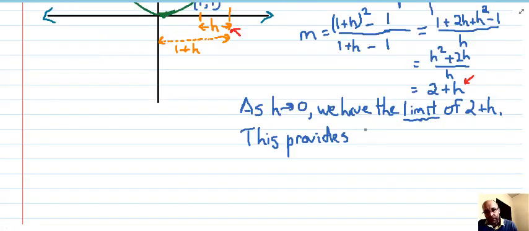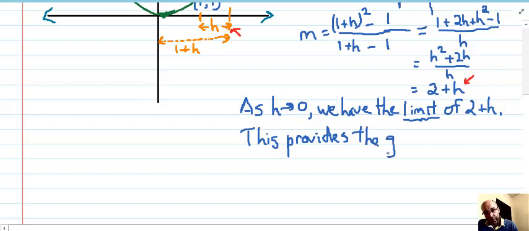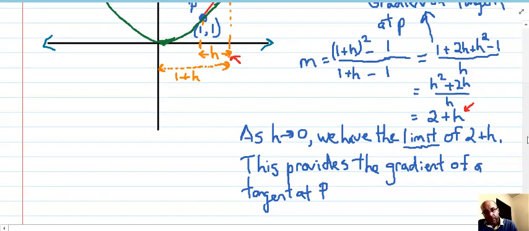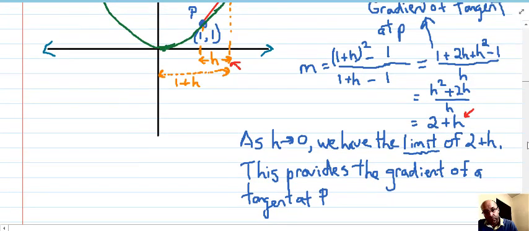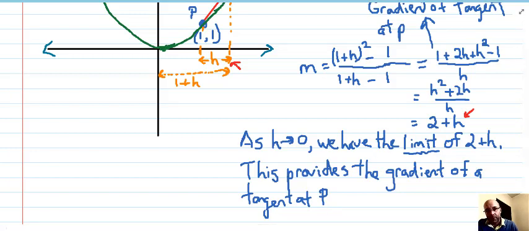This provides a gradient because it's a gradient formula, isn't it? And this provides the gradient of a tangent at P. So we end up with a tangent at P. We don't have to draw it, which is good, because human beings can't draw perfect tangents without the aid of technology.